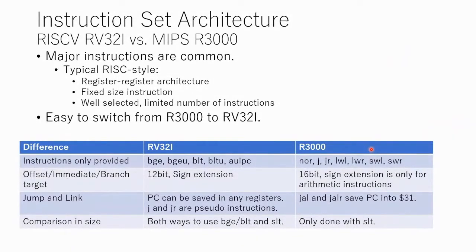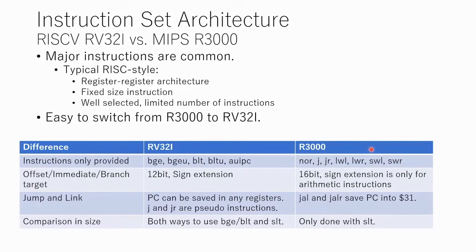Okay, so let's review the instruction set architecture of RV32I and MIPS R3000. Major instructions are common, and they take a typical RISC-style instruction set, that is, a register architecture, fixed-size instructions, and a well-selected limited number of instructions.